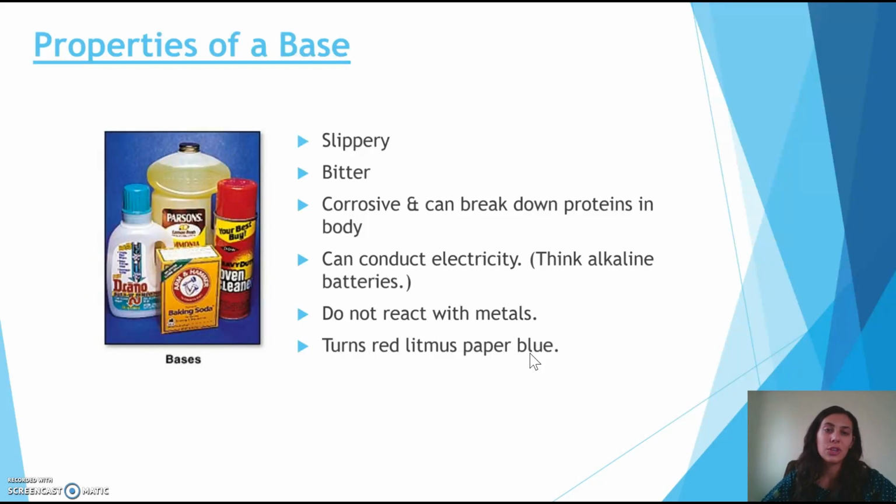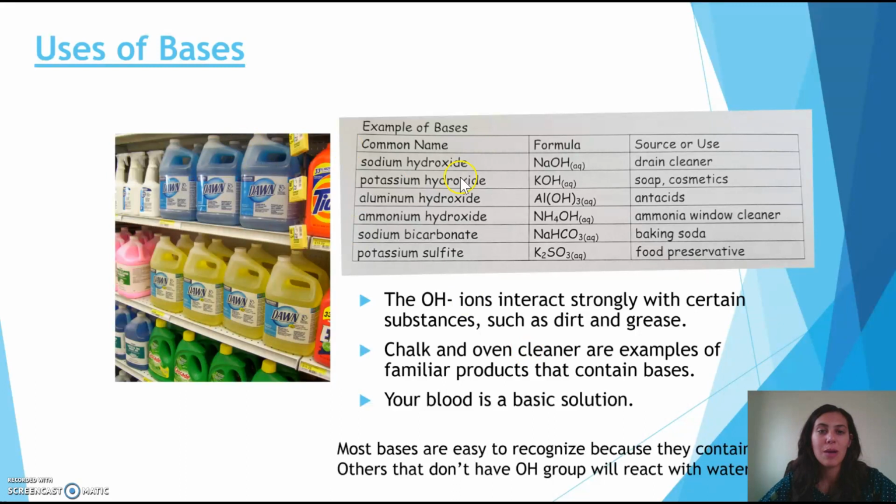And how are bases used? I've already kind of said a couple common bases, but sodium hydroxide is a Drano. Potassium hydroxide is used in soap. Aluminum hydroxide are antacids. So those antacids, if you take antacids in like a pill form, for instance, Alka-Seltzer, that will help control your heartburn and control the acid reflux from coming up your esophagus because your stomach is full of this hydrochloric acid.